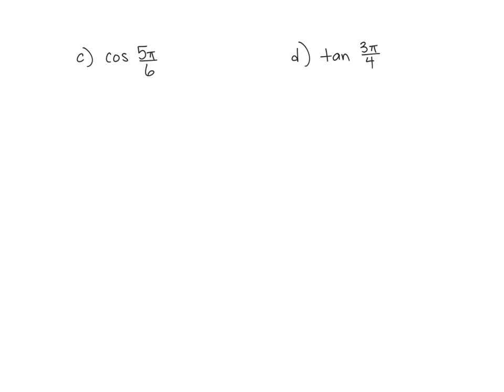Okay, so let's see how we did for C. I'm going to start by drawing on my axes. I have 5 pi by 6. It's a positive angle, so I've started at my initial arm, I've rotated through quadrant 1. And I am pi by 6 shy of a half rotation there, right?